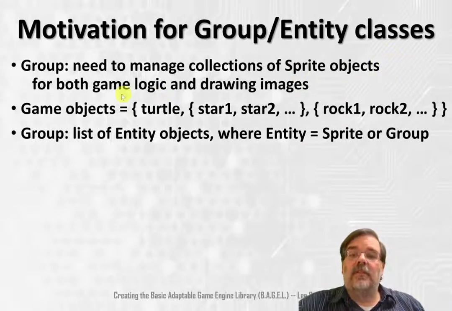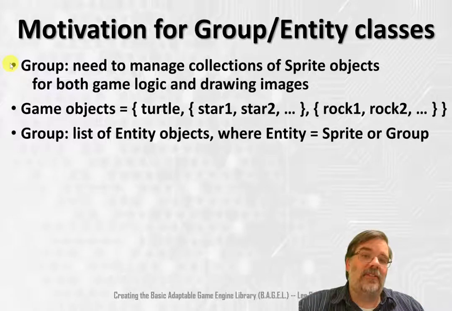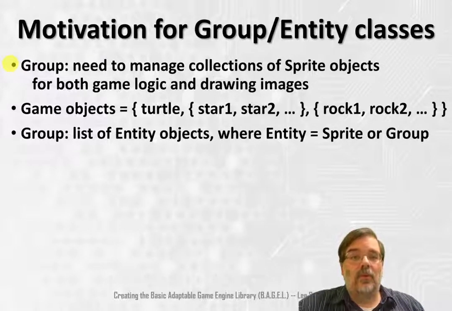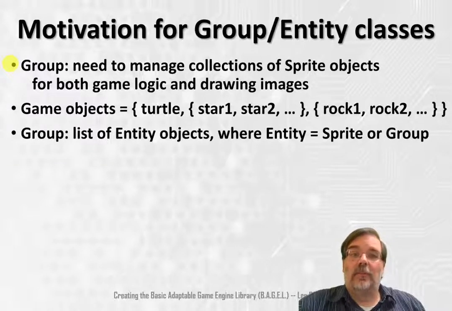For instance, for game logic purposes, we'll want to check to see if a turtle overlaps any of the starfish objects, and if so, we'll remove the starfish from the game, indicating that it's collected. Or for example, we'll want to check to see if the turtle is overlapping a rock object, in which case we need to prevent collision from that somehow.